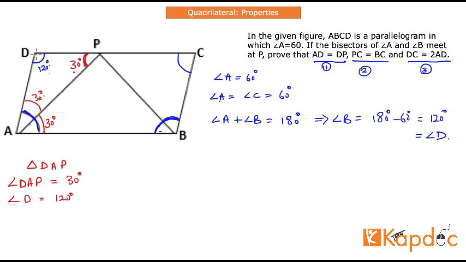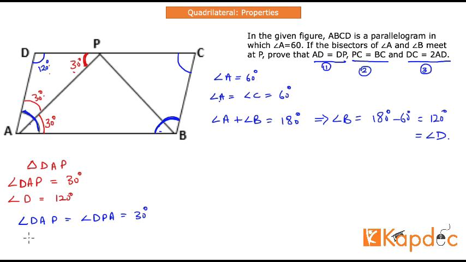Now, since you have all the measures of this triangle DAP, we can tell very clearly that the angle DAP is equal to angle DPA, and they both are equal to 30 degrees, right? And what is a known property of a triangle? We say that when two angles in a triangle are equal, the line segments opposite to those angles will also be equal.